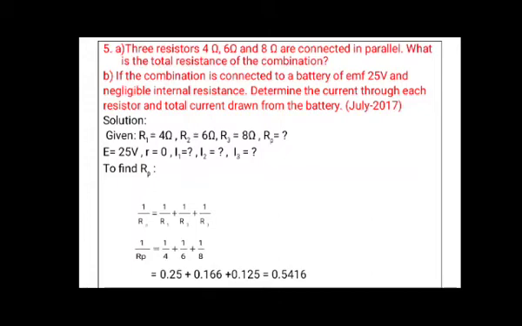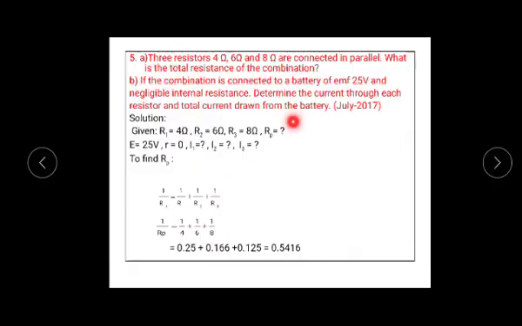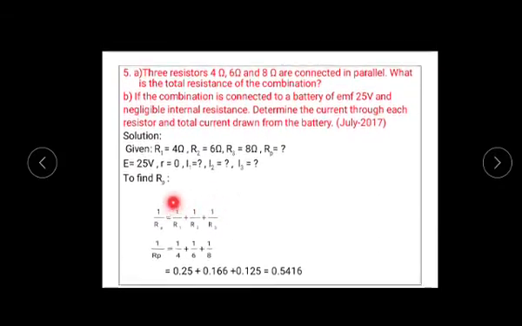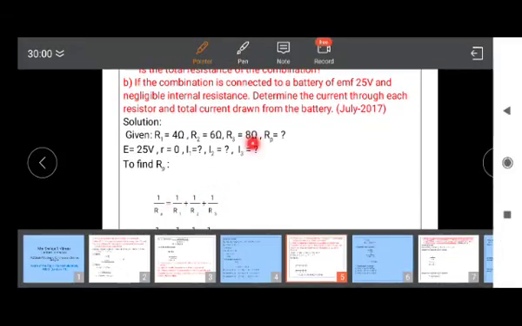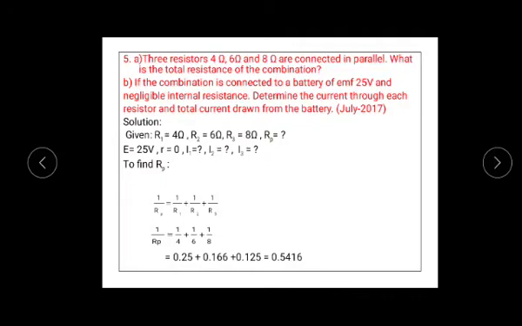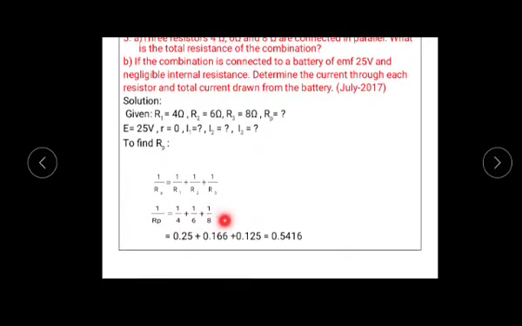Now to find Rp, what is the formula? 1 divided by Rp = 1 by R1 + 1 by R2 + 1 by R3. So this is the formula. Now substitute the values: 1 by 4 + 1 by 6 + 1 by 8.